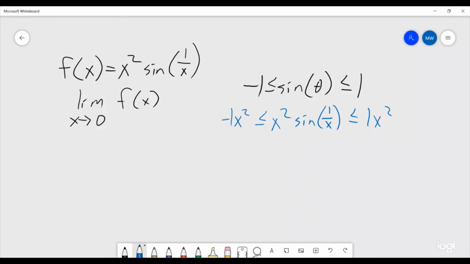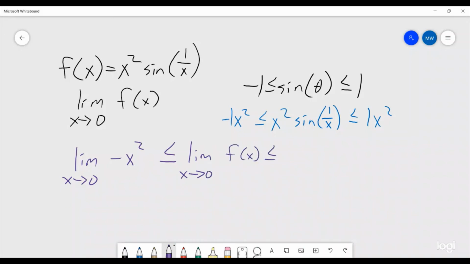So the squeeze theorem tells us that the limit as x goes to 0 of negative x squared is less than or equal to the limit as x goes to 0 of f of x, which is less than or equal to the limit as x goes to 0 of x squared. Well, the limit as x goes to 0 of x squared is 0, and the limit as x goes to 0 of negative x squared is 0 as well. So the limit of f of x has been forced to be between 0 and 0, which tells us that this is also equal to 0.